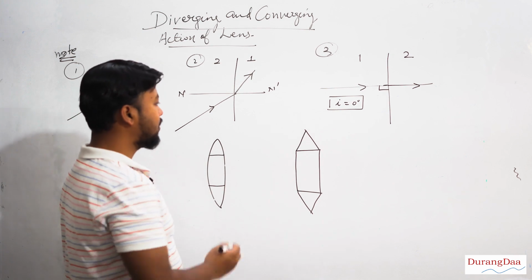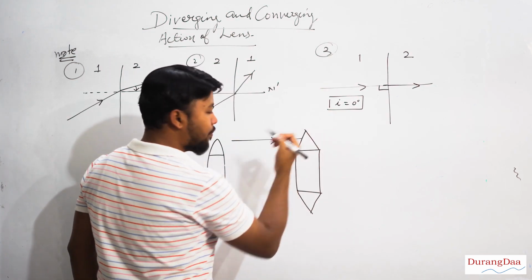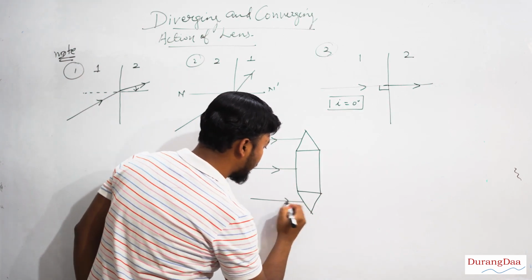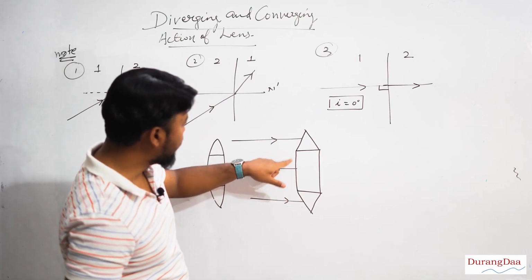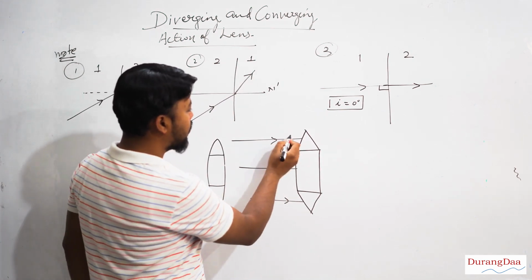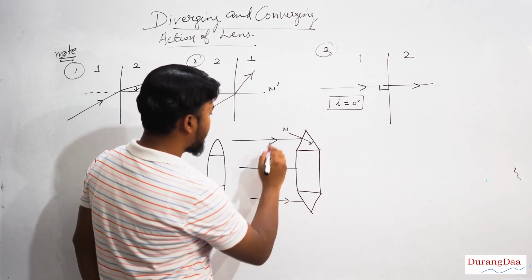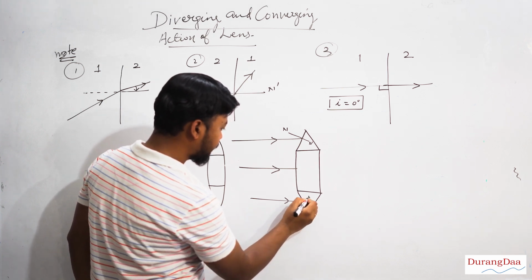Now suppose a light ray falls on it: parallel light rays on the prism, another ray on the glass slab and another ray on the lower prism. On each point of contact, you have to draw one normal. Suppose the normal here is like this. Here also, this is the normal.